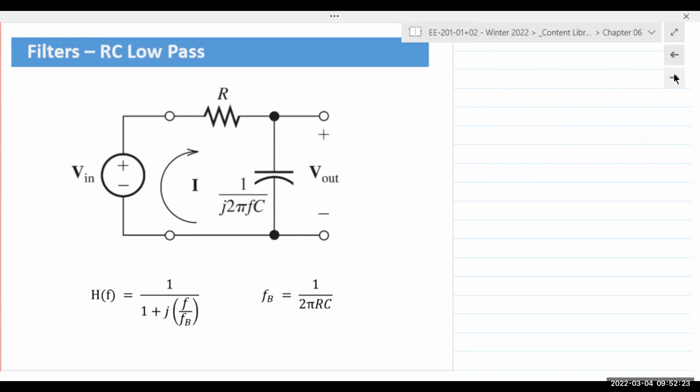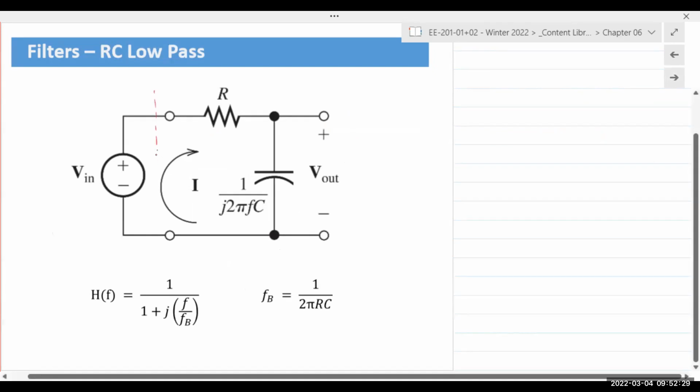Let's take a look at the first one, RC low pass. Now again, I'm going to move what we did earlier, right? I'm going to split the left side. And if I was just looking at it as a sealed box, that sealed box has an input on the left and an output on the right.